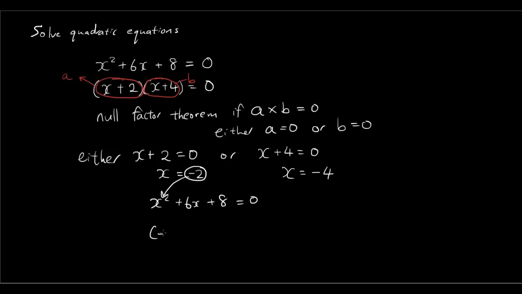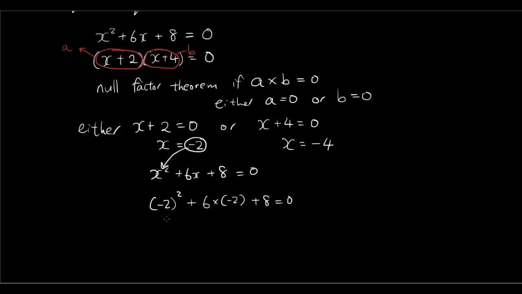So we have negative 2 squared plus 6 times negative 2 plus 8 is equal to 0. Negative 2 times negative 2 is positive 4. 6 times negative 2 is negative 12, plus 8. Typing this in the calculator, it is indeed equal to 0. So we have done the check.